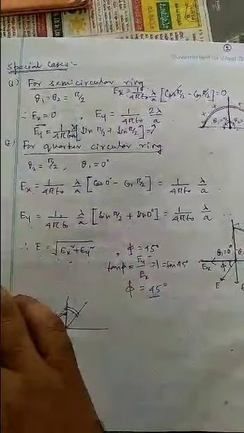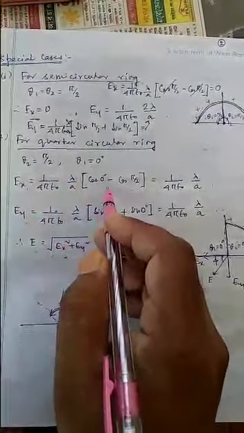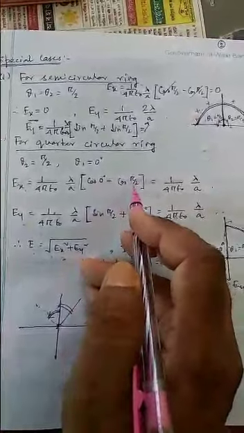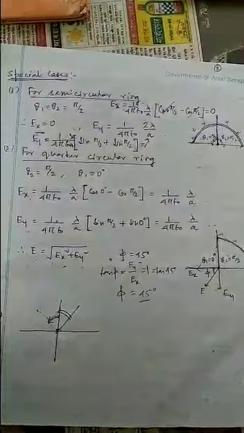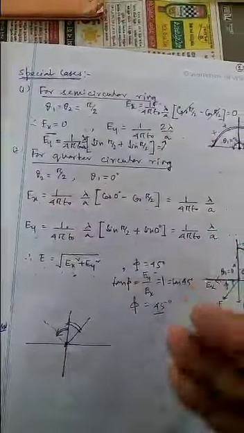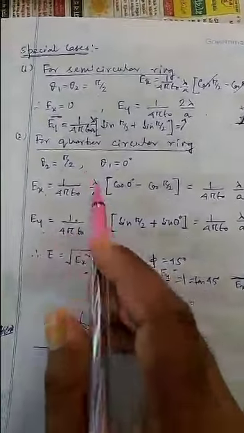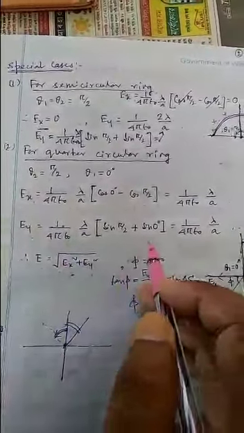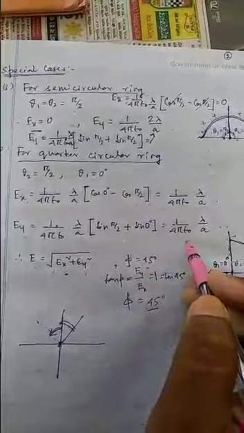Ex is 1 by 4 pi epsilon naught lambda by A. In place of theta 1 I put 0, in place of theta 2 I put pi by 2. Simplifying, we get 1 by 4 pi epsilon naught lambda by A. Clear? Similarly, if we put the limit values in the expression for the y component and simplify, you will get this.